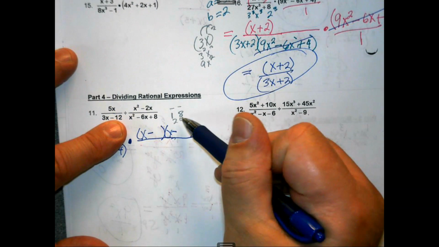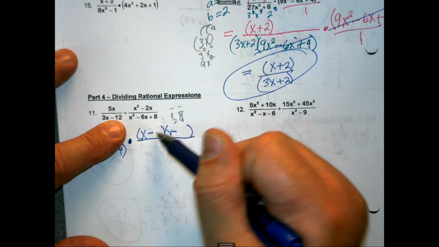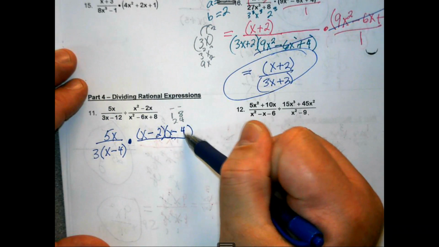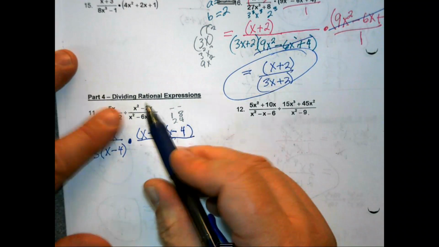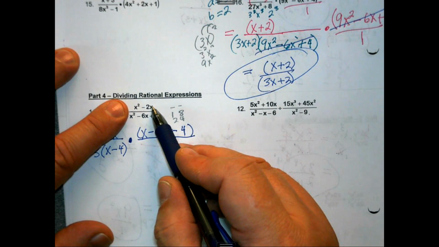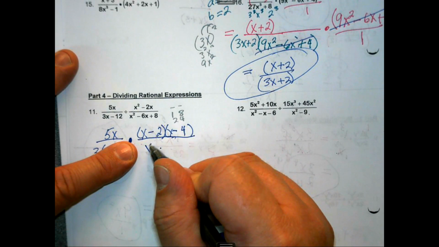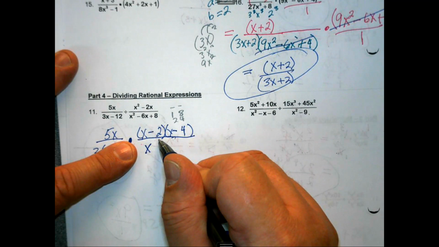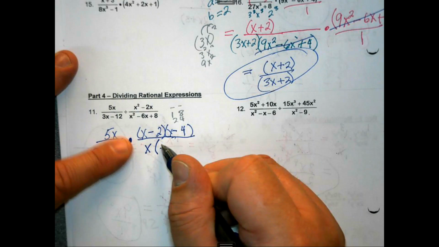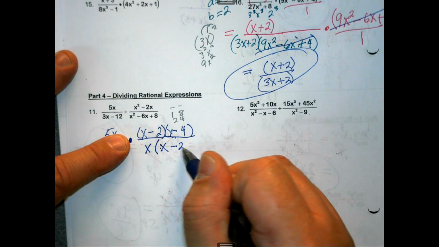And the factors that add up to a negative, 2 and 4. And then the numerator becomes the denominator. I'm going to go ahead and factor that while I'm rewriting it. Take out an x, and I get an x minus 2.